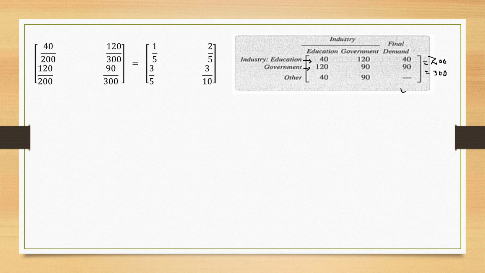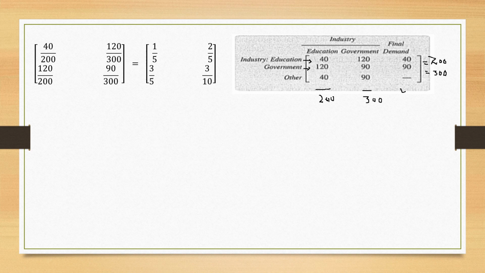If we add the vertical column 1, the answer is 200. And column 2: 120 plus 90 plus 90, the answer is 300.